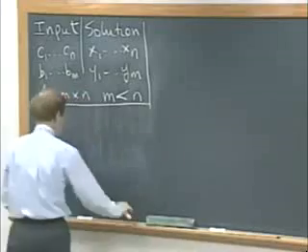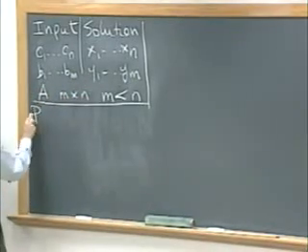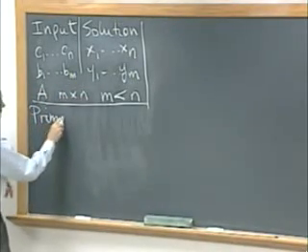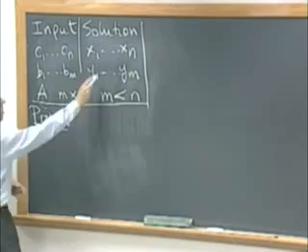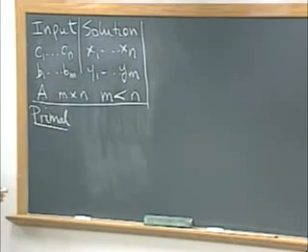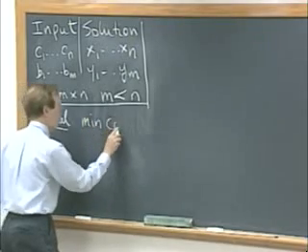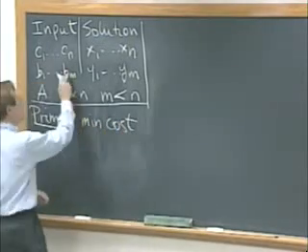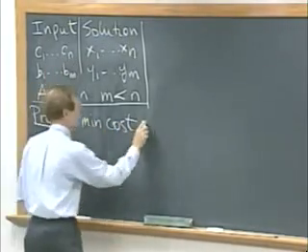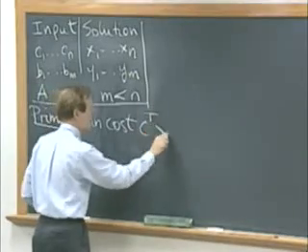Let me see, what's the primal problem? The unknown is x. So we minimize the cost, which is c transpose x. You see the linearity.